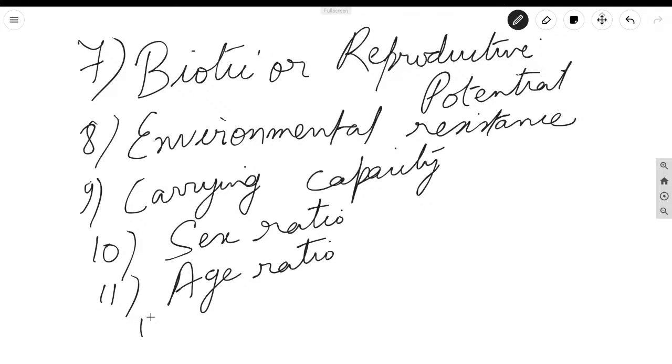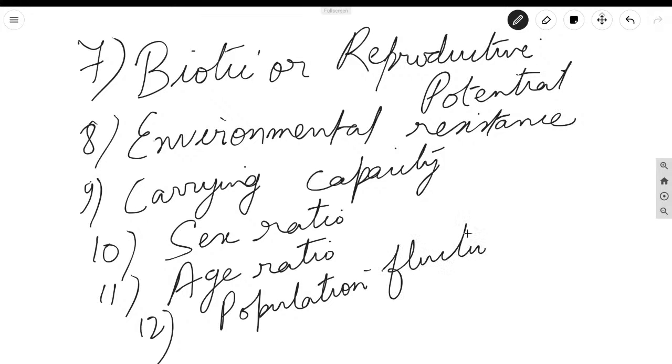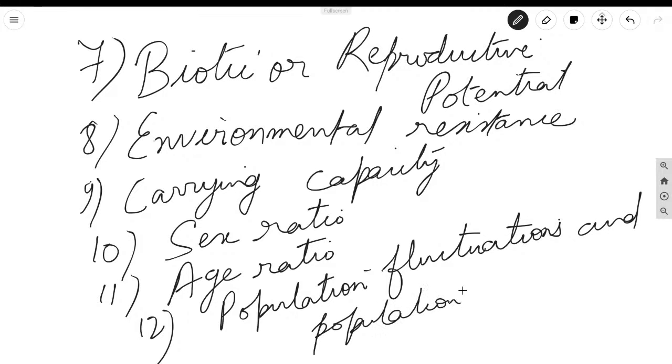Then 12.1 is population fluctuations and population cycles. So these are the fundamental characteristics pertaining to any population.